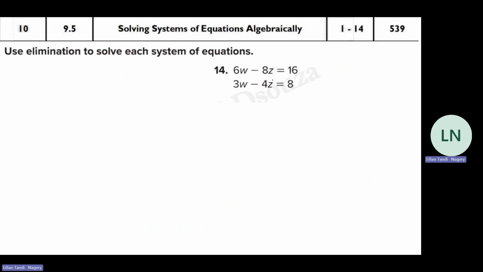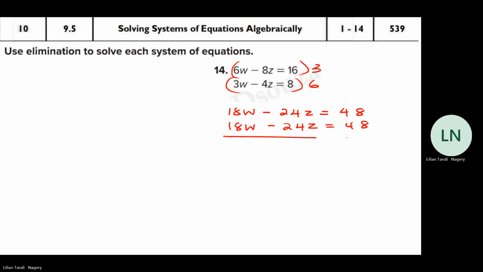Okay, I'm going to eliminate W. I'm going to put 3 here, 6 here. 18W minus 24Z equals 48. 18W minus 24Z equals 48. Make my houses.